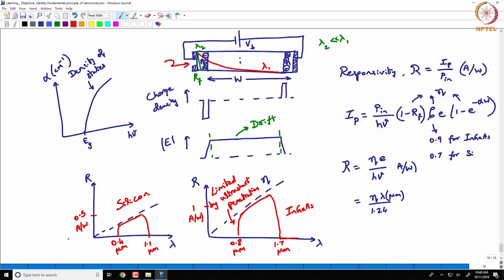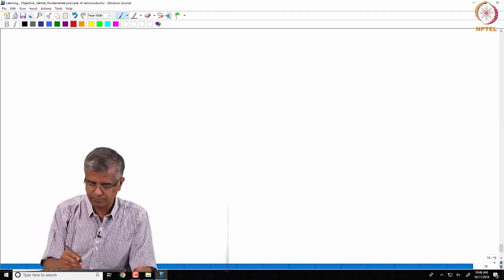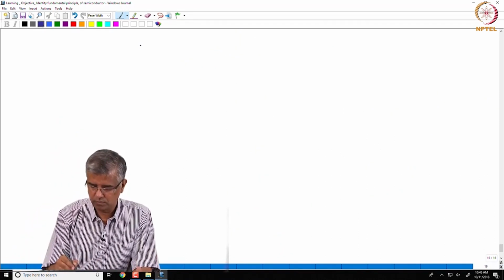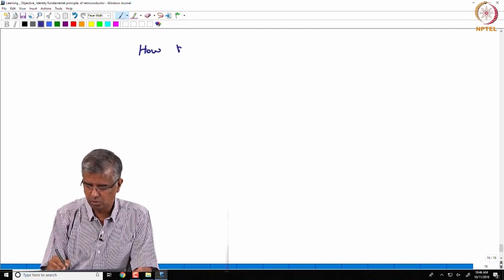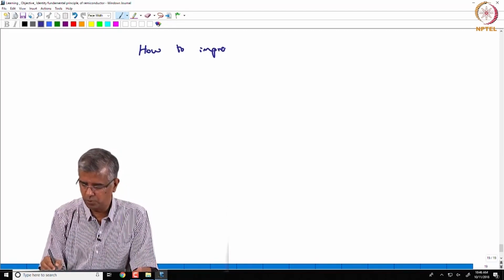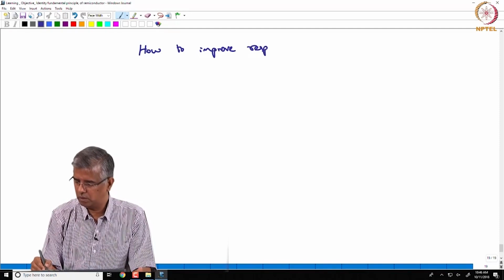The question is, can I get more photocurrent for the same power that's incident on the photodiode? How can I get that? How can I improve my responsivity? Okay. So let's look at that. How to improve responsivity.